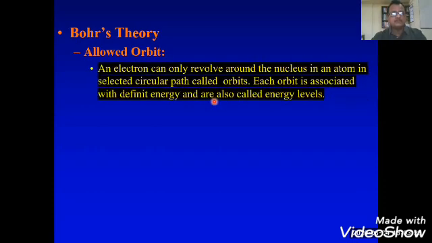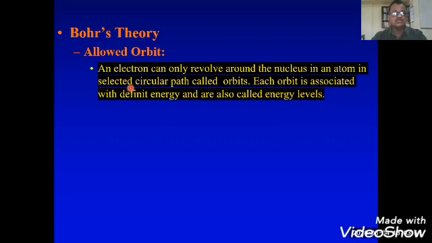Bohr postulated that an electron can revolve around the nucleus in an atom in selected circular paths called orbits. Rutherford did not use this word selected. He postulated that electrons revolve around the nucleus in circular paths, meaning the electron can choose any path around the nucleus.